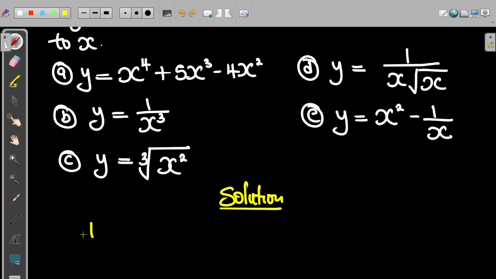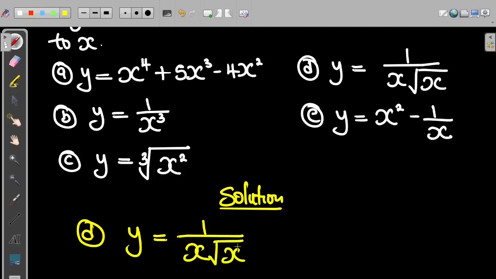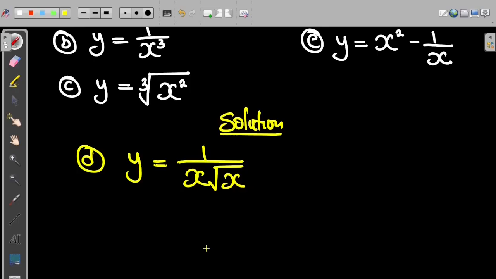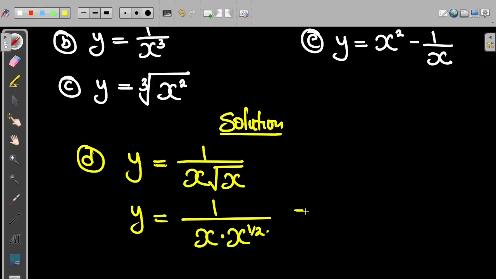For d, we have that y is equal to 1 divided by x multiplied by root x. So we have that y will be equal to 1 divided by x multiplied by x to the power of 1 divided by 2, and this is equal to 1 divided by x to the power of 3 divided by 2.